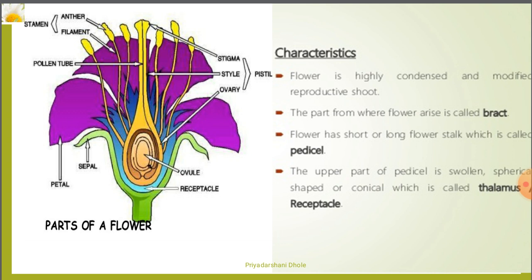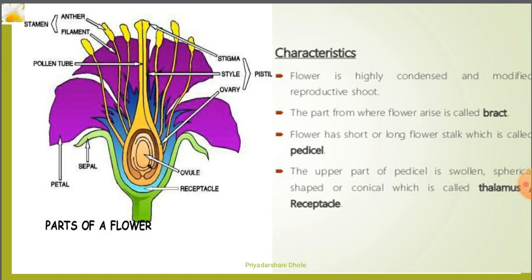There is a receptacle. After that, the green colored part is called sepals, and the bright colored part is the petals. After that, these six in number are the anthers, which we can also call stamens. It is made up of two parts, anther and filament. Then the pistil, which is the gynoecium.